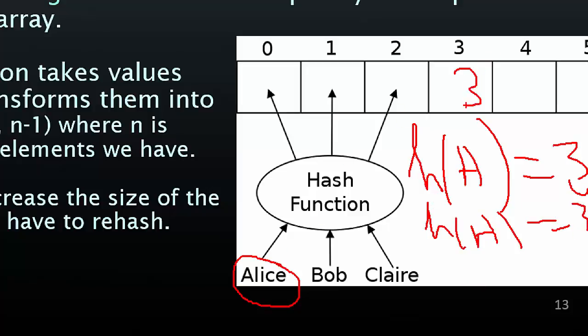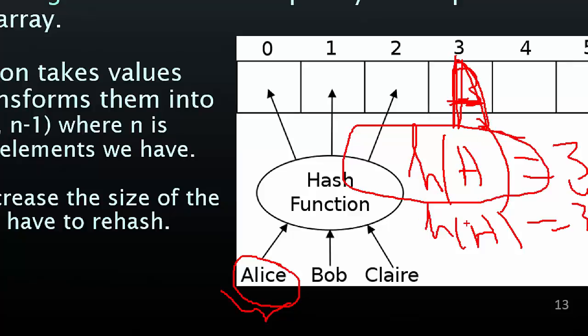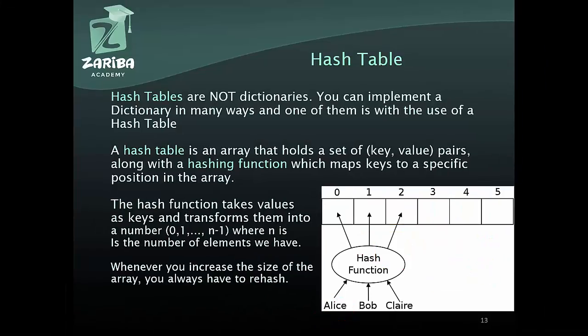If we want to find Alice, we just need to say, well, h of a is how much. This is just a function. Imagine something like logarithm of something. It doesn't matter, but it's always going to give you the same index, which means that we can find the value by the key Alice straight away by using h of a, and we can find the value very, very quickly. I hope that makes it better.